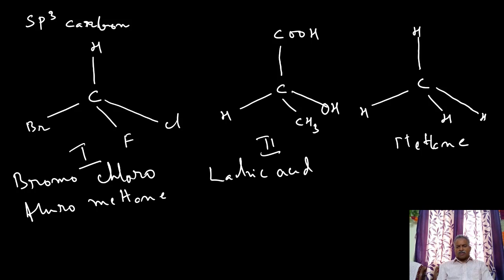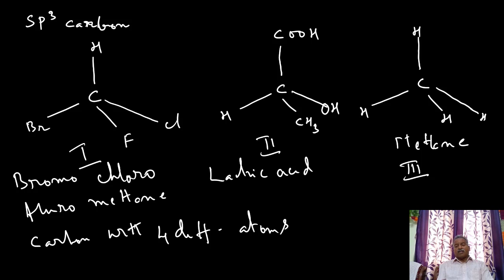atoms or groups of atoms, and in structure 3, the sp3 carbon is bonded to the same atoms. Such a carbon with 4 different atoms is called a chiral carbon or asymmetric carbon.